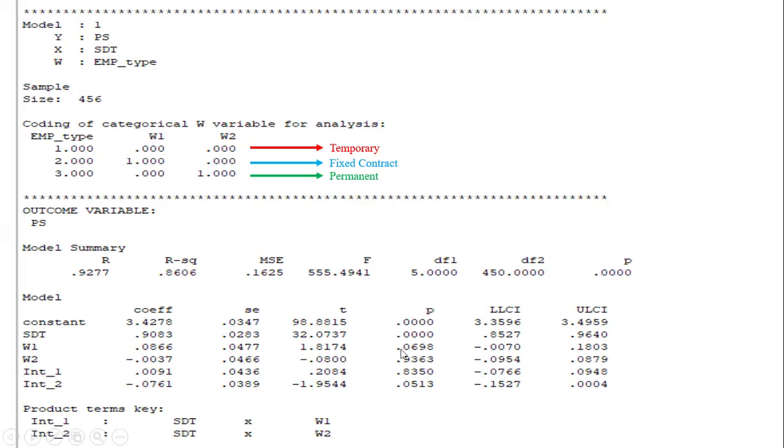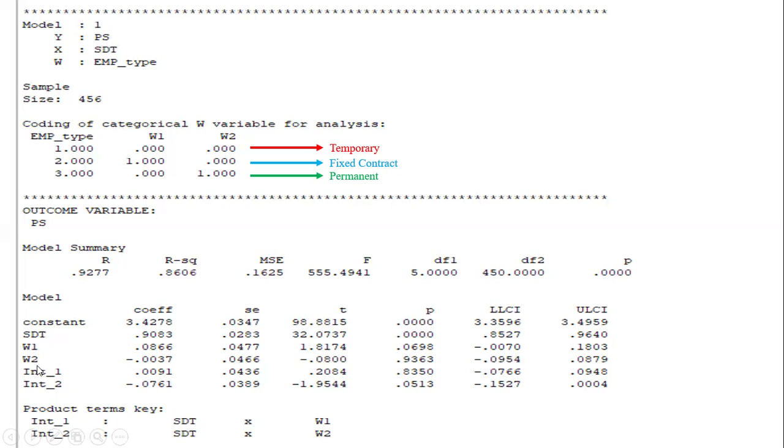So when the p value is less than 10% but greater than 5%, it means there is a weak impact. T value is also less than 1.96. It should be greater than 1.96 so as to consider a highly significant impact. So we can say those people who have the fixed contract might have a positive impact which is weakly significant if we consider the impact of SGT on PS.